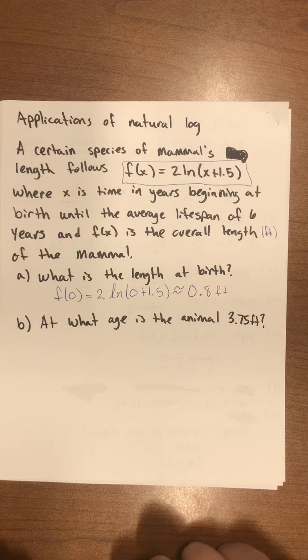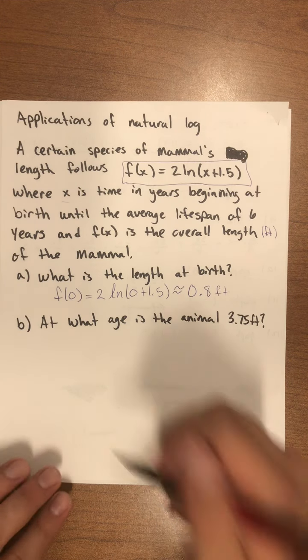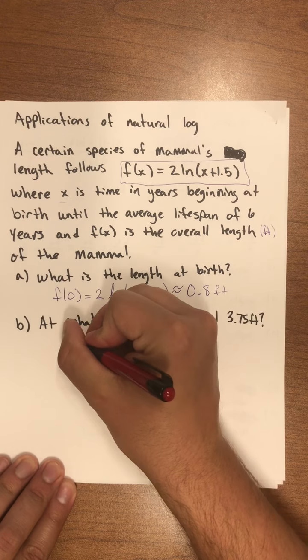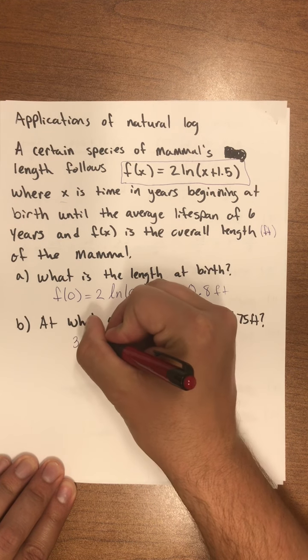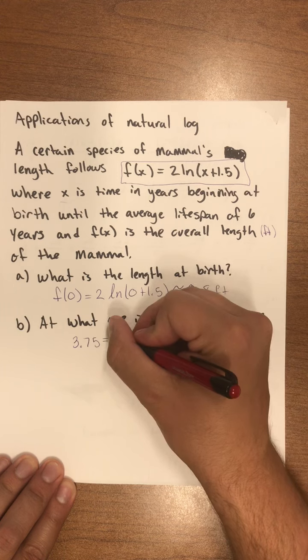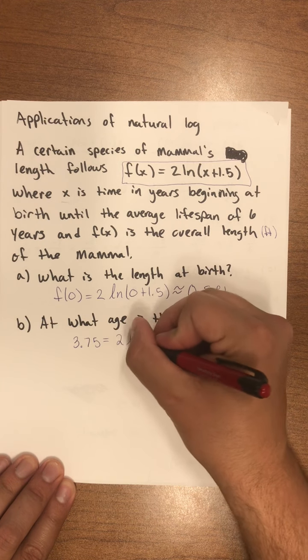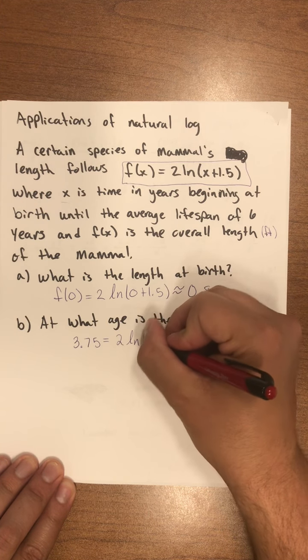And then at what age is the animal 3.75 feet? So we want the output of the function to be 3.75. So we're going to replace f of x with the desired output of 3.75.